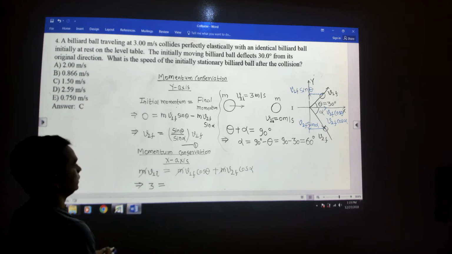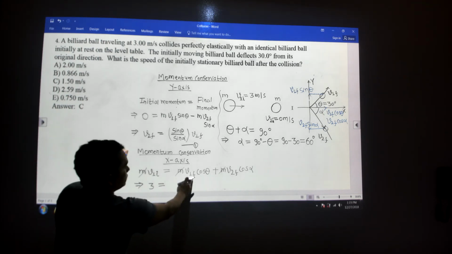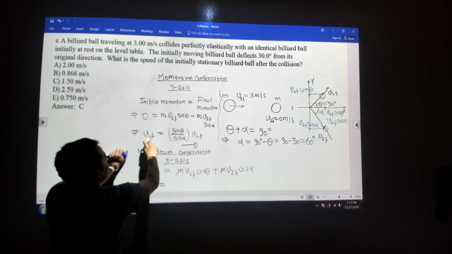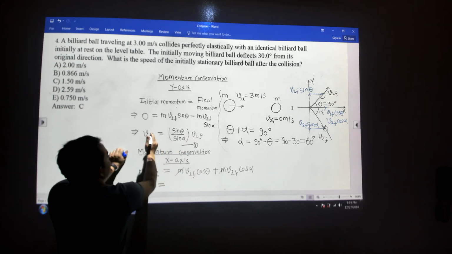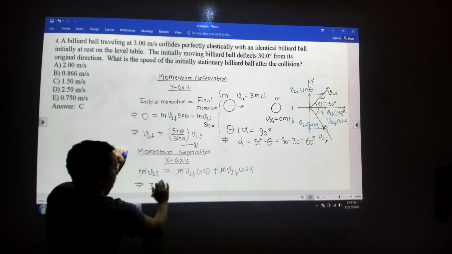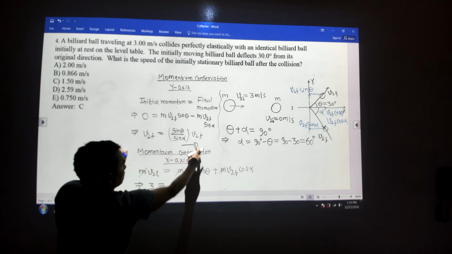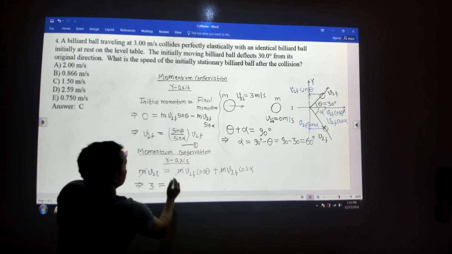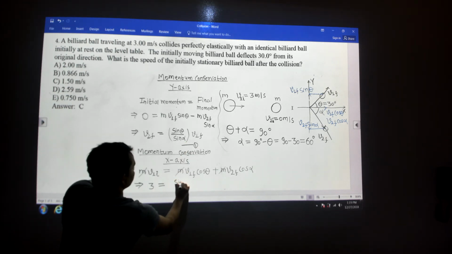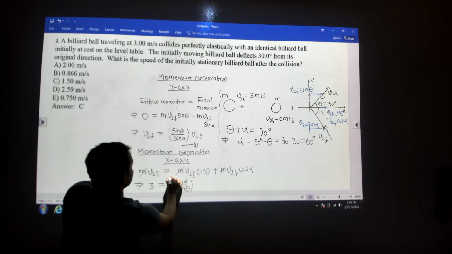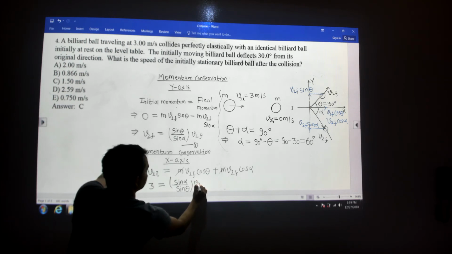I'm putting V1F from equation 1 into this one: V1F is sine alpha over sine theta times V2F.